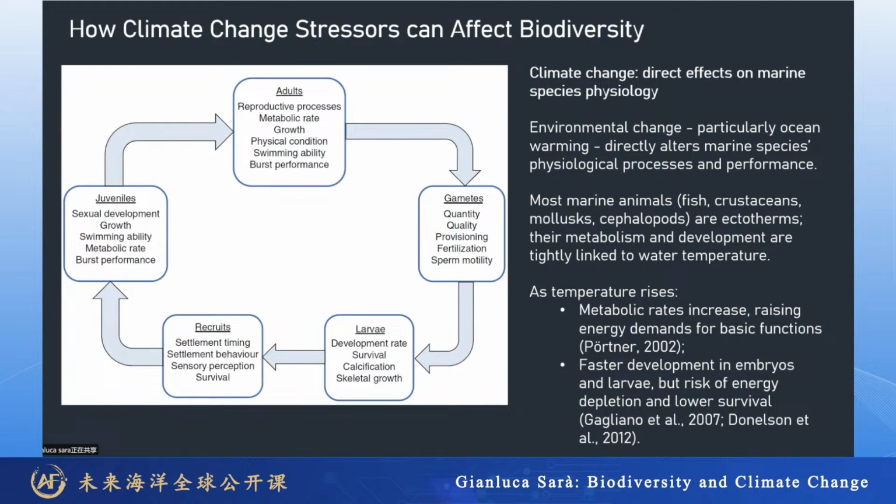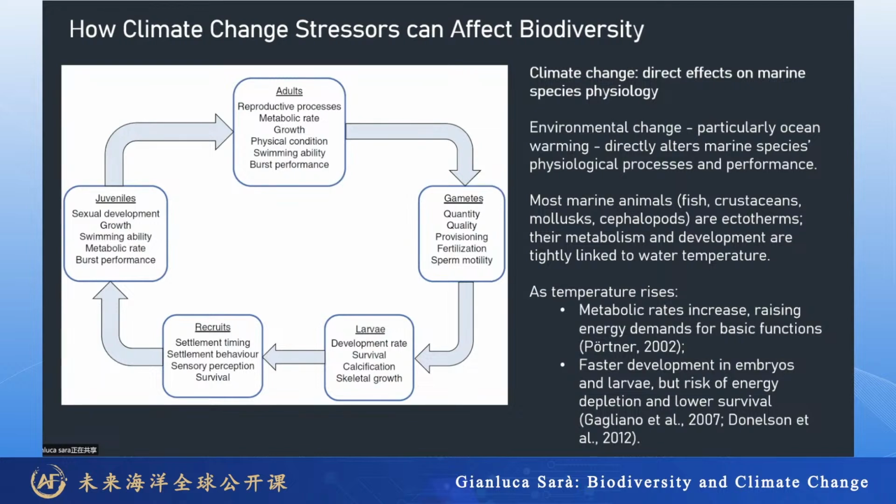How is it possible to identify mechanisms of effects of climate change on our biodiversity? The first point is that temperature in ectotherms affects, clearly, the metabolic rates of the organism.